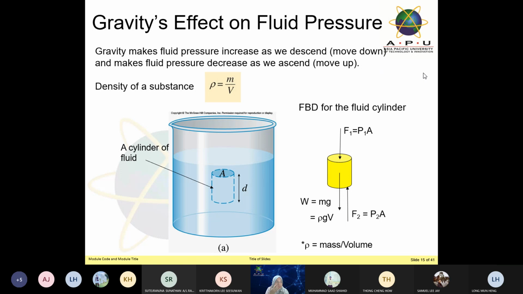Density of a substance. Density is rho equal to m over V. This is another formula. Okay. Next, for a cylinder of liquid. This is a cylinder container, and then you drop one.